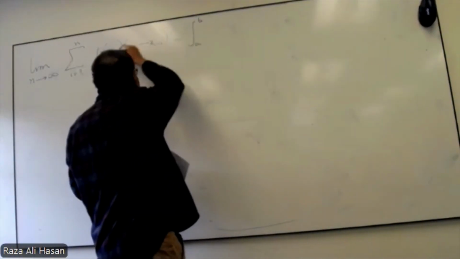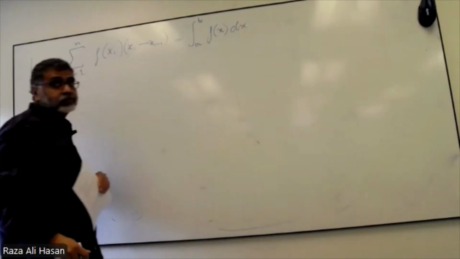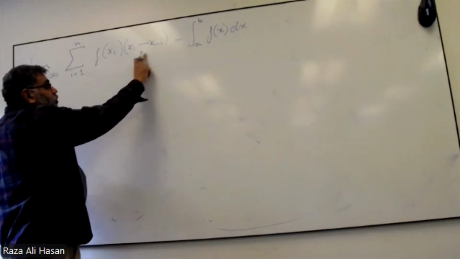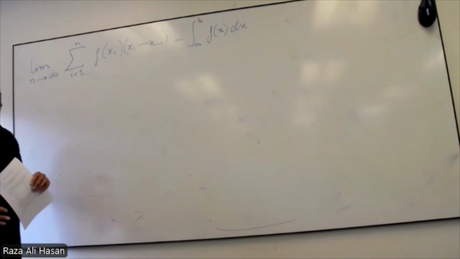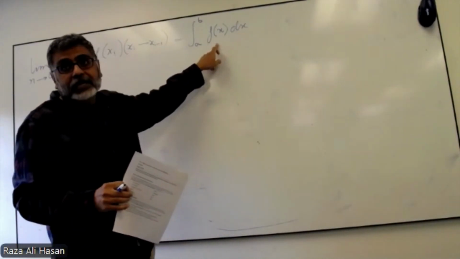And here we could rewrite this as dx. So this is the base of each of the rectangles and ends up being that little differential. And then this is still the height of the function.